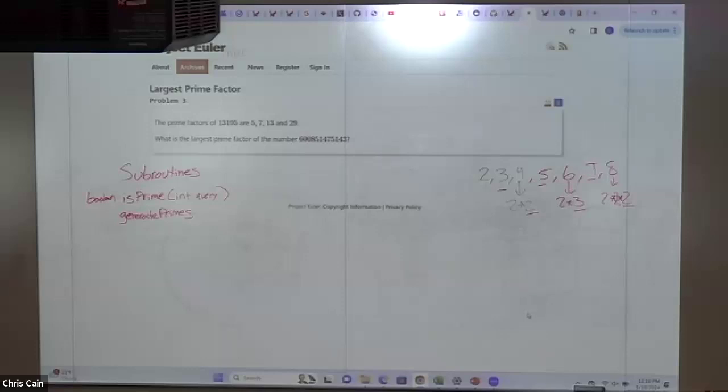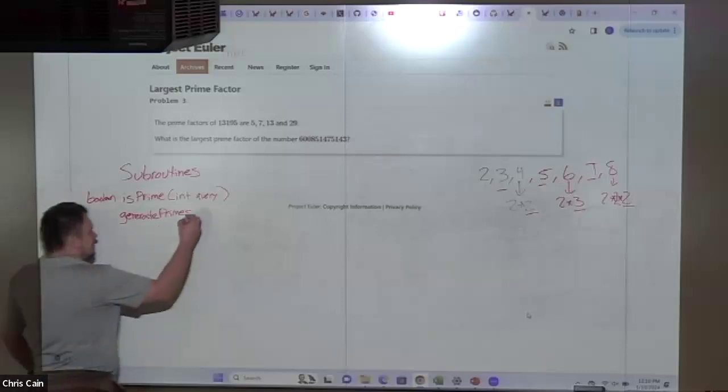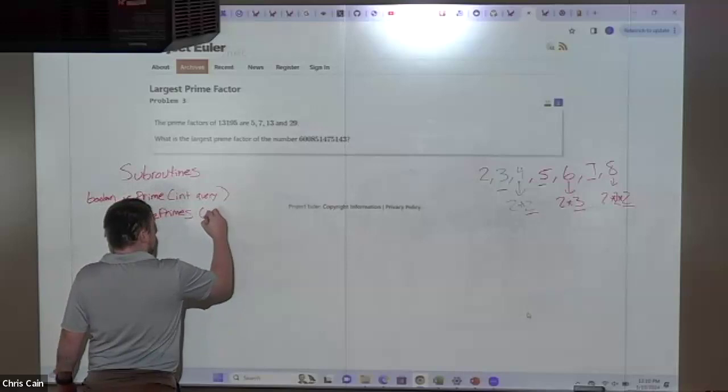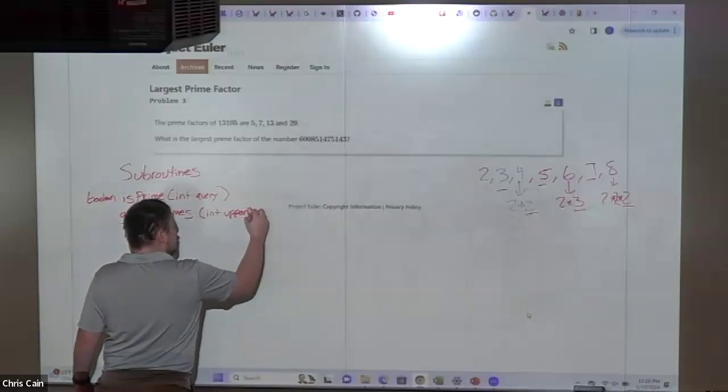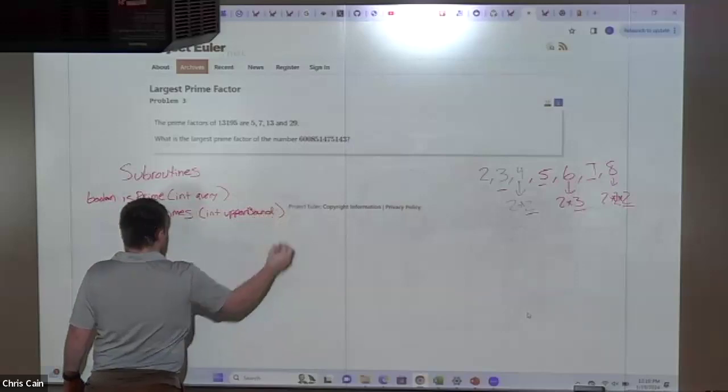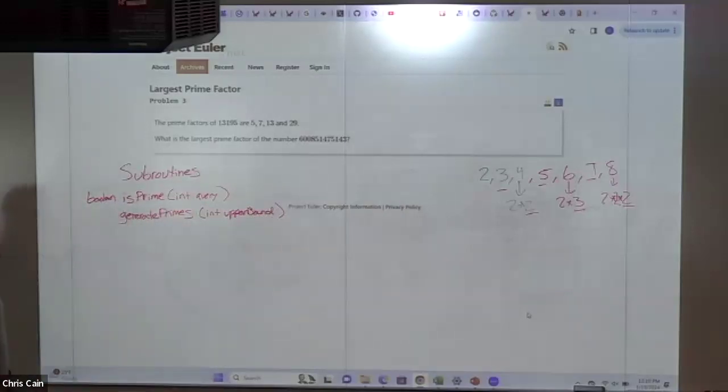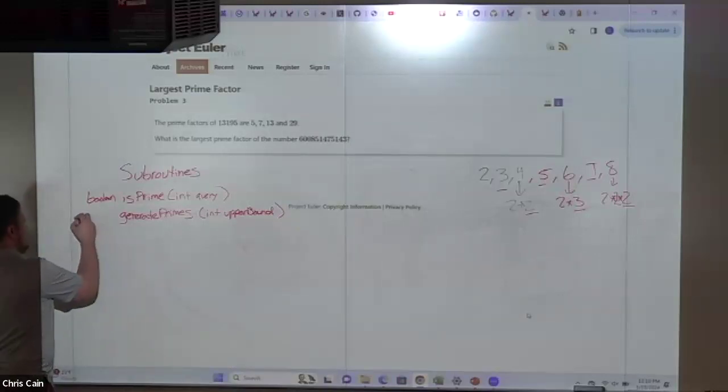Generate primes up to, but not including, some int we'll call upperBound. Seems like a good place to start. What should generatePrimes return? An array of primes. So maybe we have something like an int array.